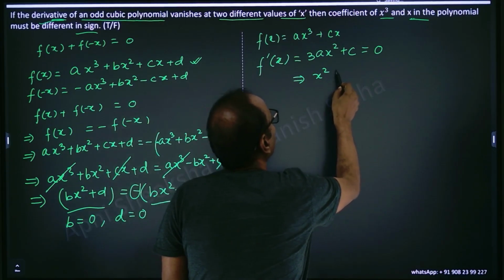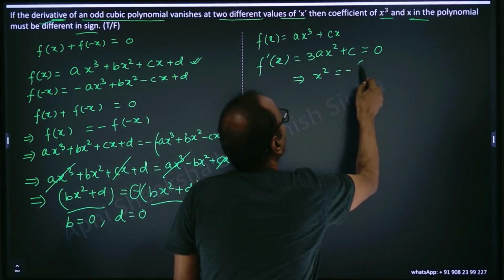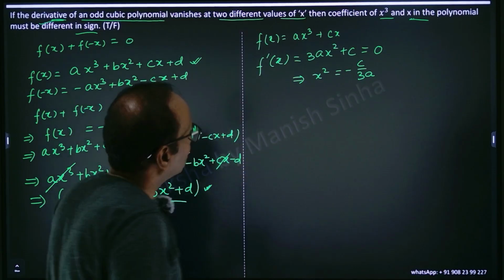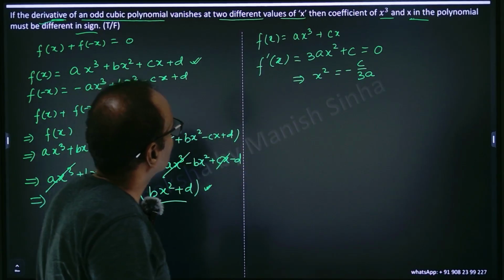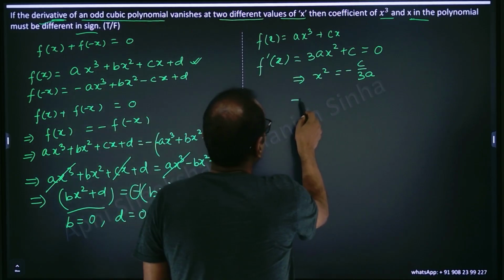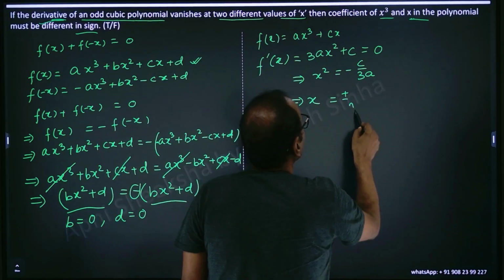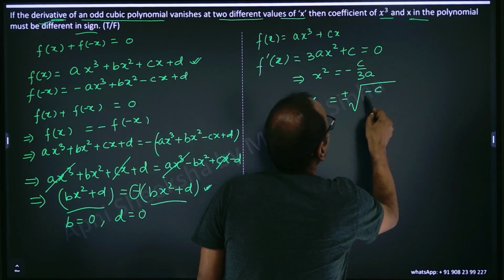So x square is minus c by 3a, so x will be plus minus square root of minus c by 3a.